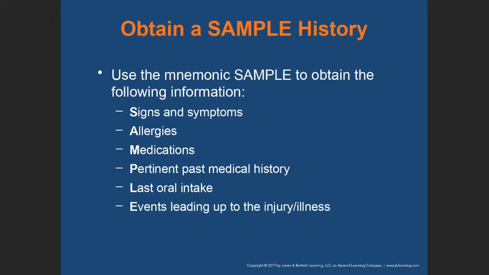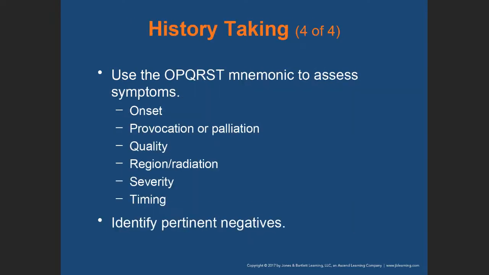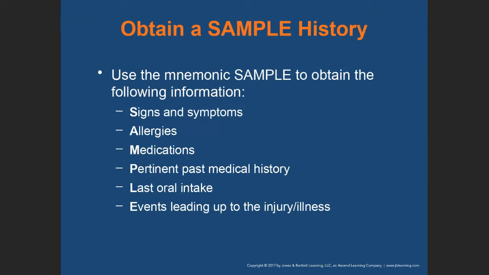Apart from the OPQRST, which is very specific to pain, you can use it for other conditions. There are certain aspects of the OPQRST that you can ask for other medical problems. You will obtain a SAMPLE history, and it's really AMPLE history that you would be doing at this point, because when you get to this stage of history taking, you should already know what your signs and symptoms are.